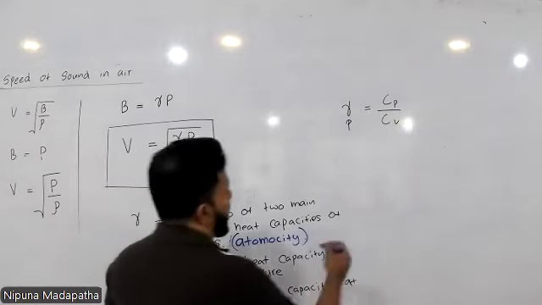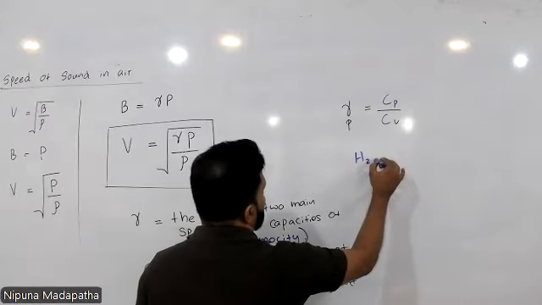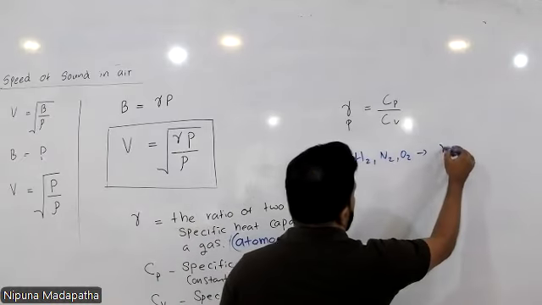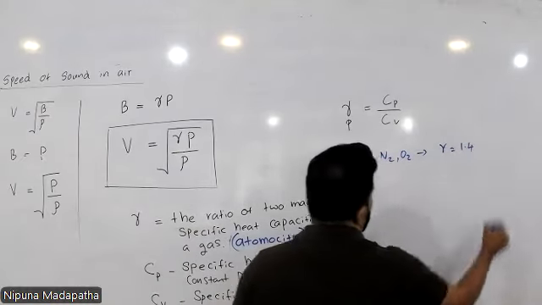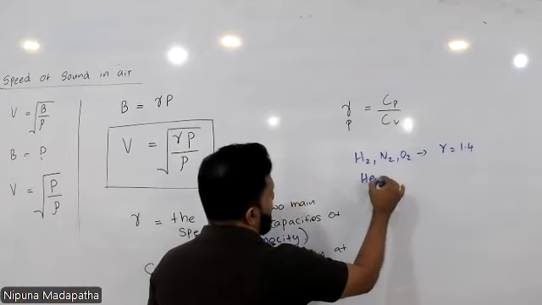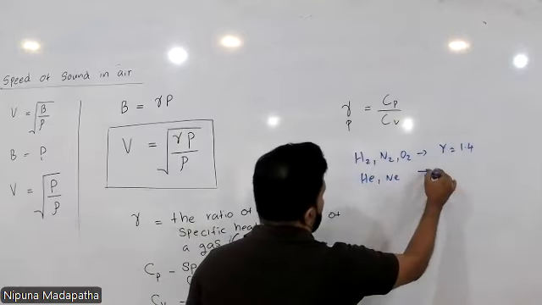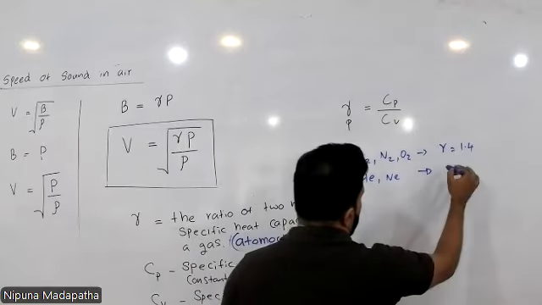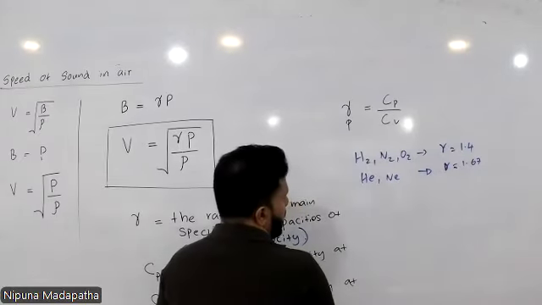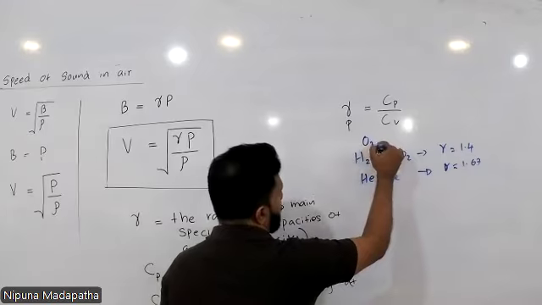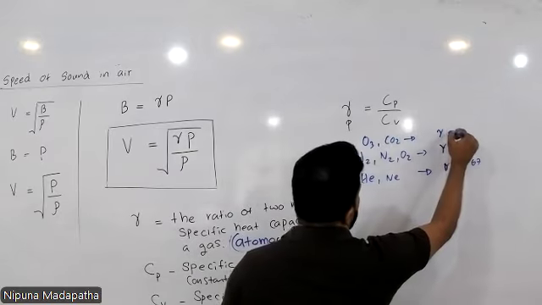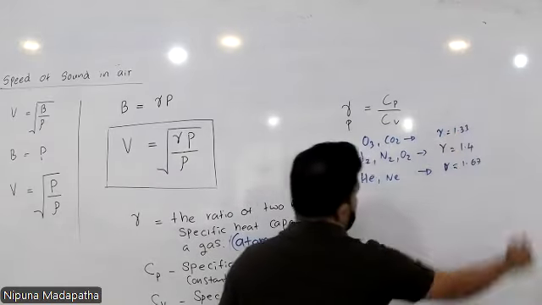For diatomic gases like hydrogen, nitrogen, and oxygen, the gamma value is nearly 1.4. For monatomic gases like helium and neon, the gamma value is nearly 1.67. For triatomic gases like CO2, the gamma value is nearly 1.33.